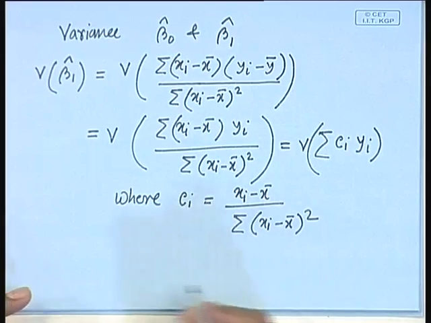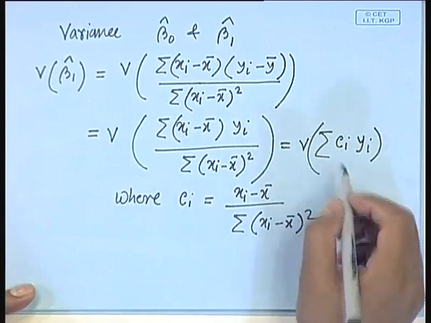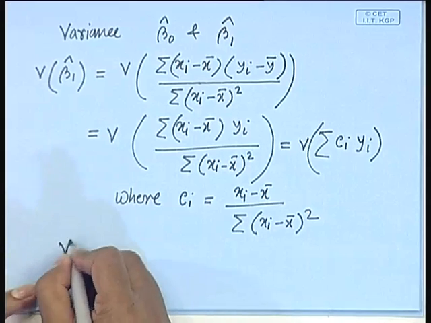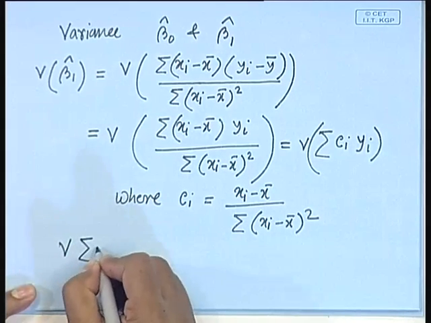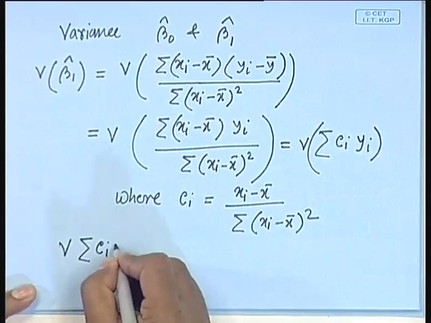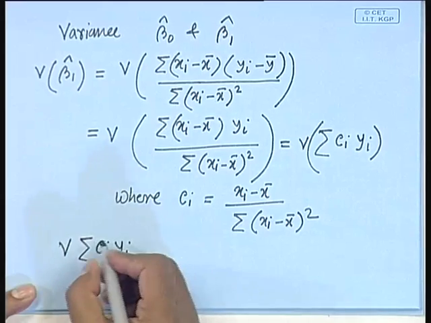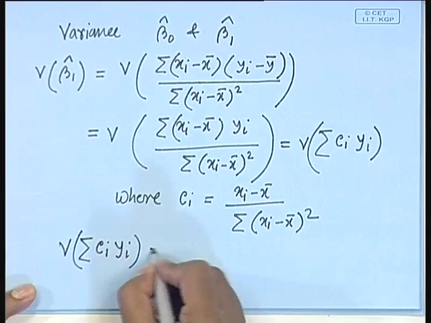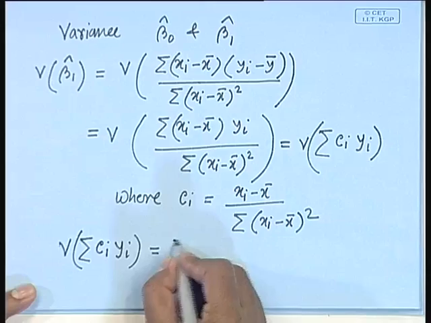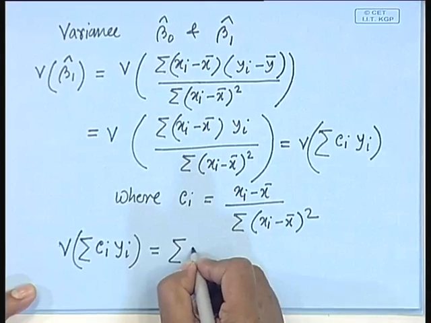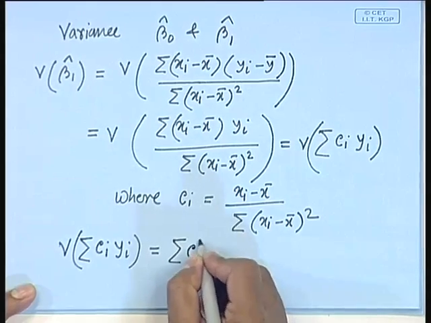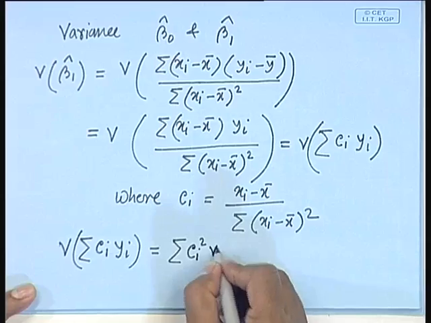Now, we know that the variance of summation ci yi is equal to the sum of variances, ci square variance of yi.